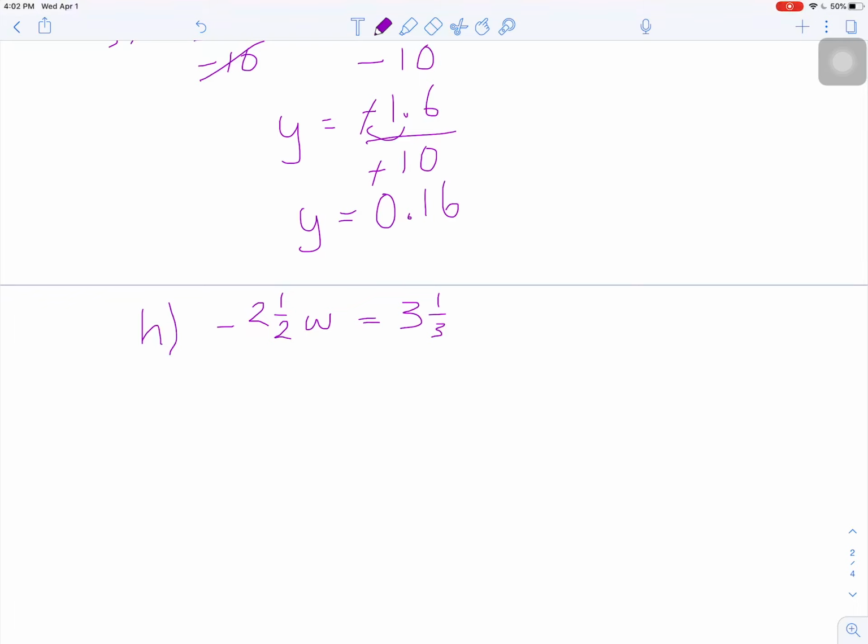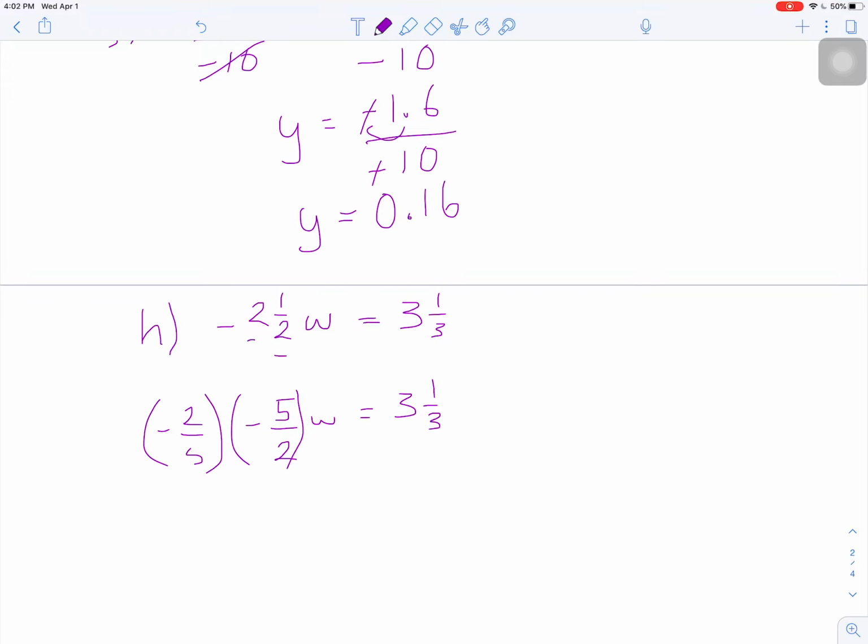So here we go. The first thing that we have to do is make an improper fraction beside the W. So 2 times 2 will get you to 4 plus 1 is 5. So we have 5 halves. So we have negative 5 halves W equals 3 and 1/3. All right, so in order to get rid of this negative, we have to multiply it by another negative.